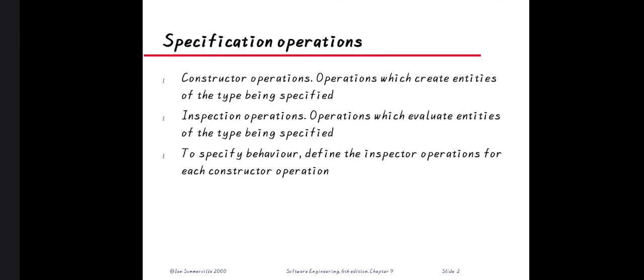Constructor operations are operations which create entities of the type being specified. Inspection operations are operations which evaluate entities of the type being specified. To specify behavior, define the inspector operations for each constructor operation.